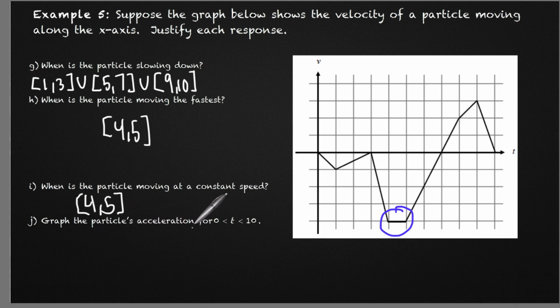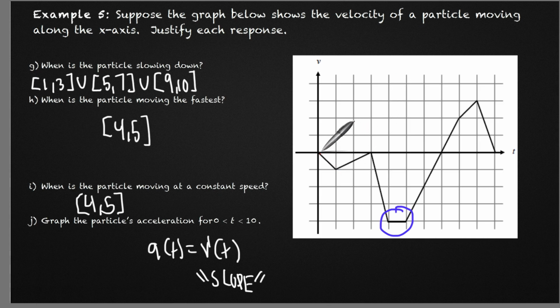Graph the particle's acceleration. All right, so acceleration is the derivative. So let's write this out. Acceleration is the derivative of the velocity. Another word for derivative is slope. So it is the slope of the velocity graph. So let's see if we can calculate the slope, and graph the acceleration on the same axis.